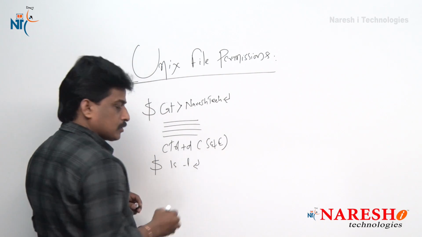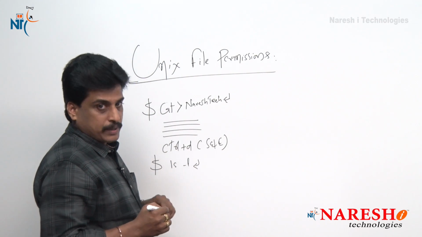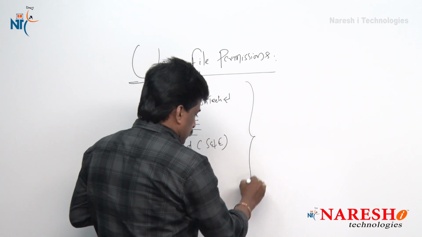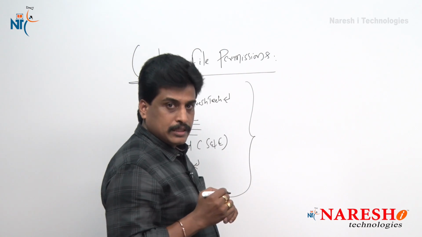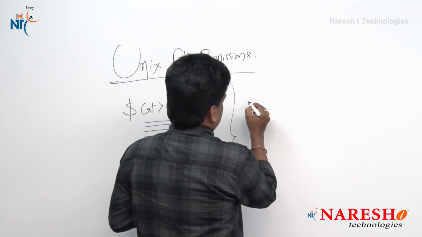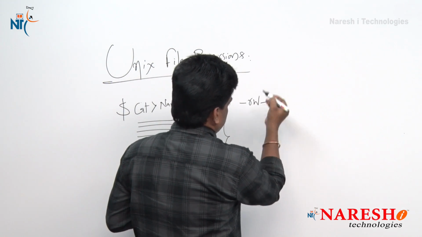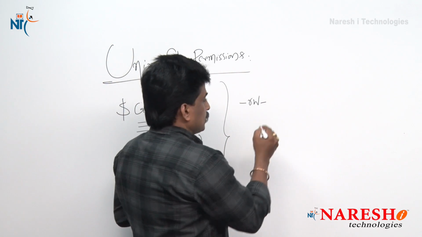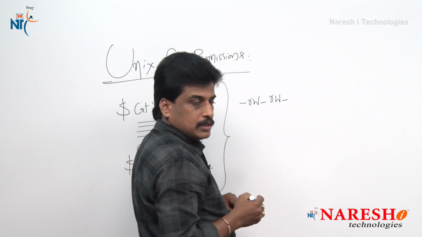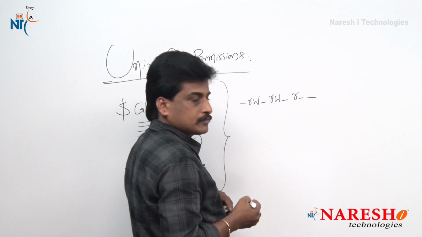Type ls -l and hit the command, and the long listing format will be displayed. In this long listing format, you can find the following list of permissions. First one, hyphen, then rw-, next rw-, next r--.